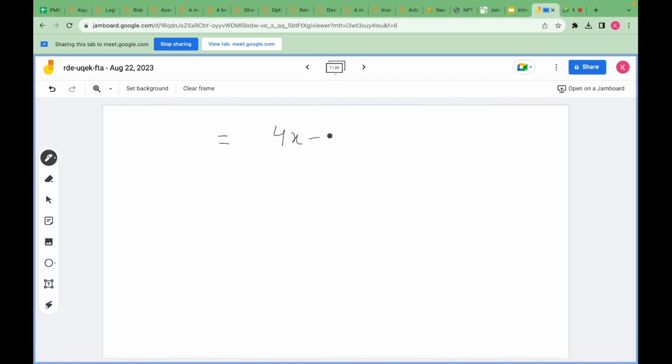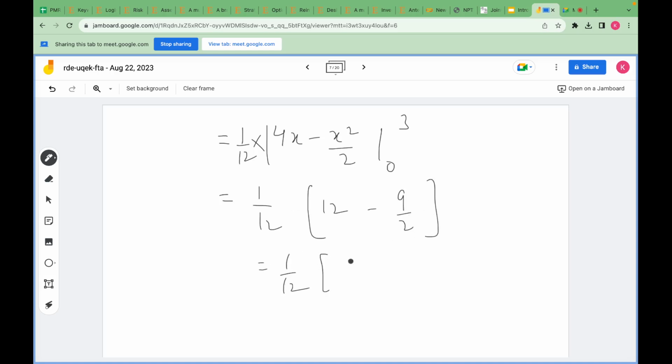So this is 4x minus x square by 2, 0 to 3, into 1 by 12. So this comes out to be 12 minus 9 by 2, 15 by 2. This will be 5 by 8. This comes out to be 5 by 8.